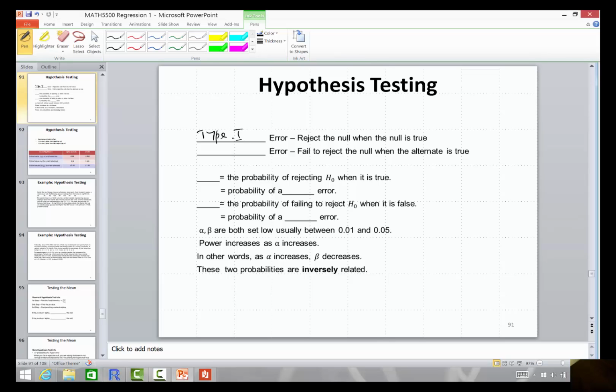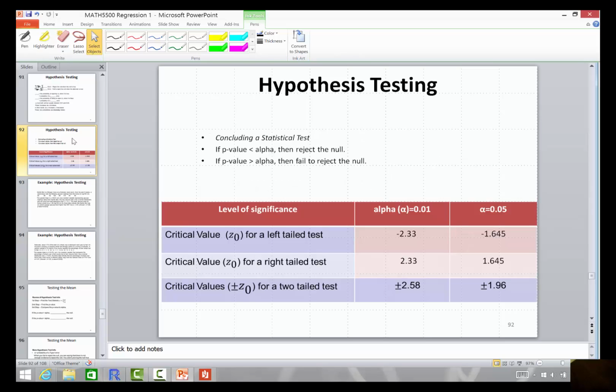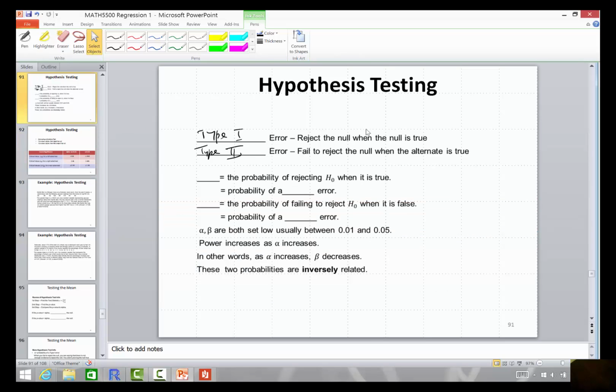Okay, and then type 2 error is fail to reject the null hypothesis when the alternate hypothesis is true, that means the null hypothesis is false. Okay, the null hypothesis is false, we should reject, but we fail to reject, that is called the type 2 error. Okay, so type 1 and then type 2 error, these are the ways that could be interpreted. Okay, so this is type 1 error and then this is type 2 error.